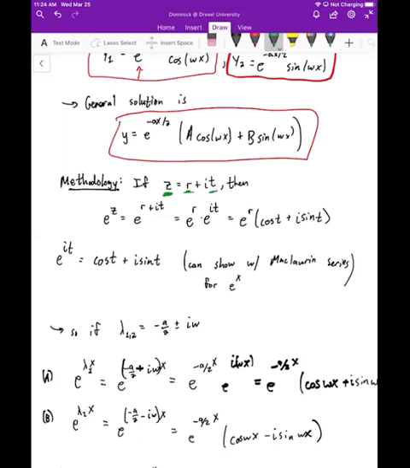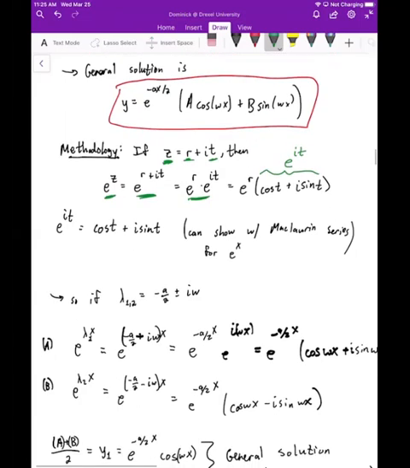So then you can use properties of exponents to write e to the z as e to the r plus it just by direct substitution. And then you can break that up using exponent rules. And now the claim here is that this cosine of t plus I sine of t is the same thing as e to the it.